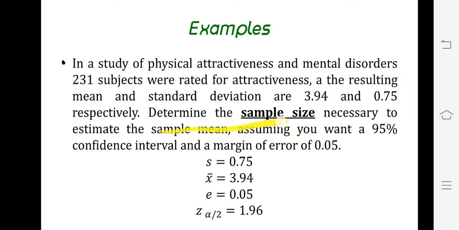We are going to determine the sample size necessary to estimate the sample mean, assuming you want a 95% confidence interval and a margin of error of 0.05. So our goal here is to determine the sample size. Our given is S as 0.75, x bar as 3.94, E or the margin of error as 0.05. And since we have a 95% level of confidence, our z value is 1.96.